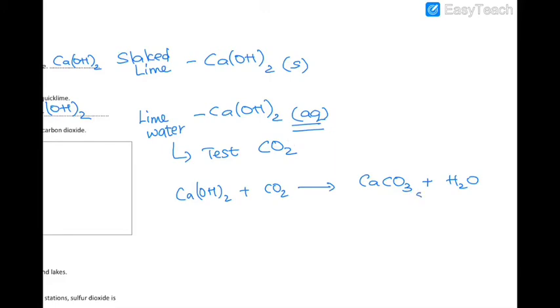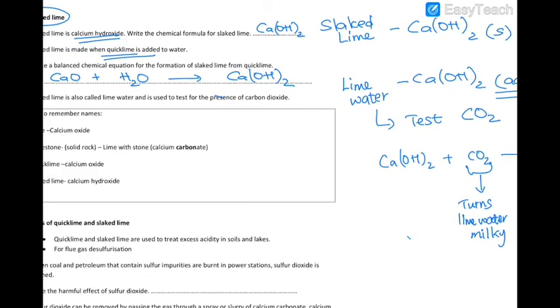And calcium carbonate is insoluble in water. It's white, so you have a white precipitate which is formed. This is why carbon dioxide turns lime water milky, because you have that formation of calcium carbonate, which is white.